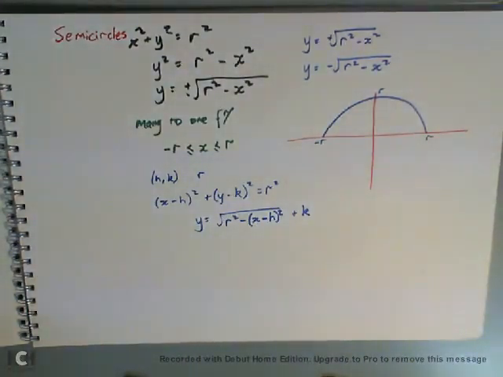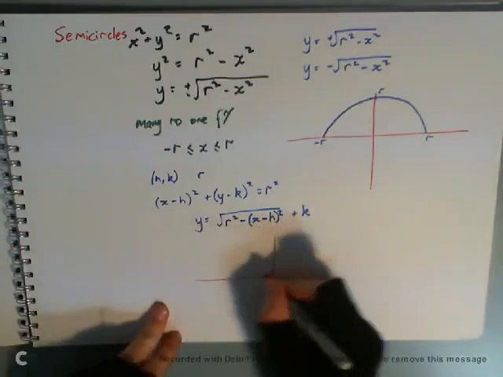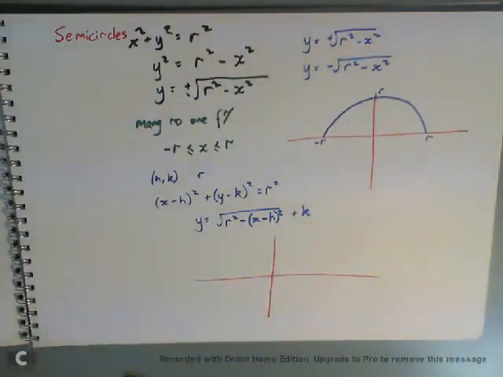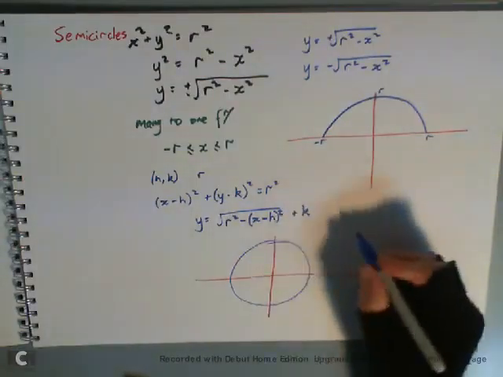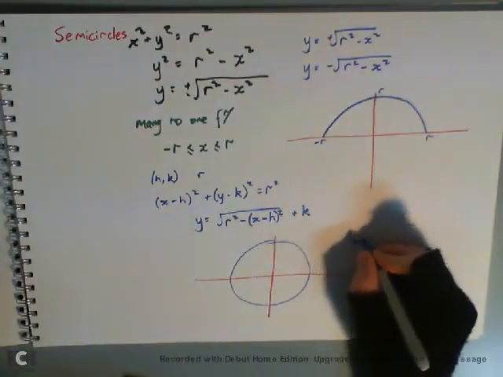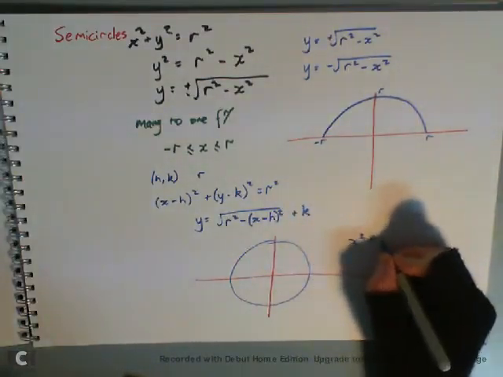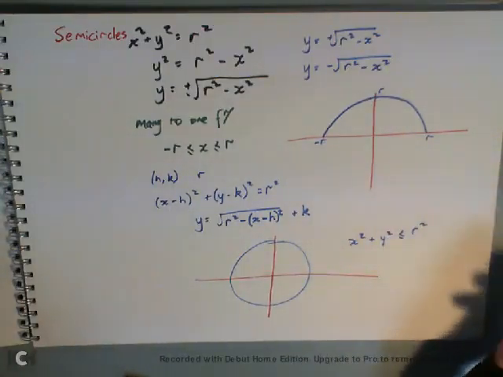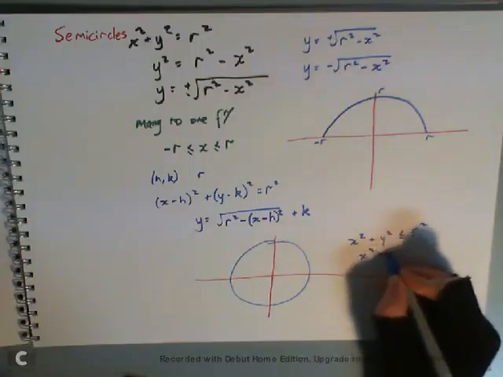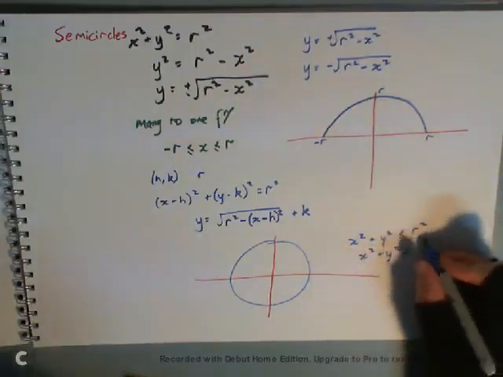And just looking at regions bounded by a circle. So just very quickly here, we've got a circle, and we'll say x squared plus y squared is less than or equal to r squared. Let's say it was x squared plus y squared less than or equal to 4.